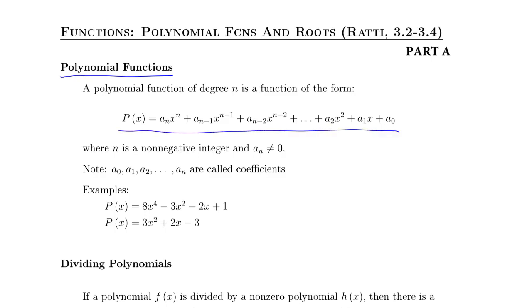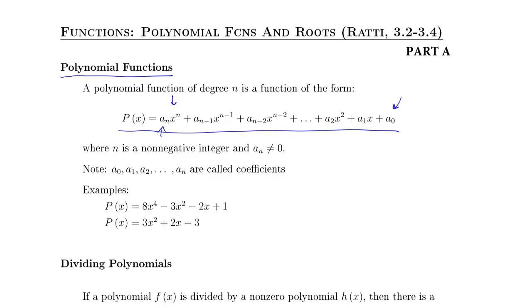We've seen this before, because when we looked at polynomial expressions and polynomial equations, it was the same idea. We start with our nth degree term and go all the way down to our constant term, with all of our a's, which are our coefficients.